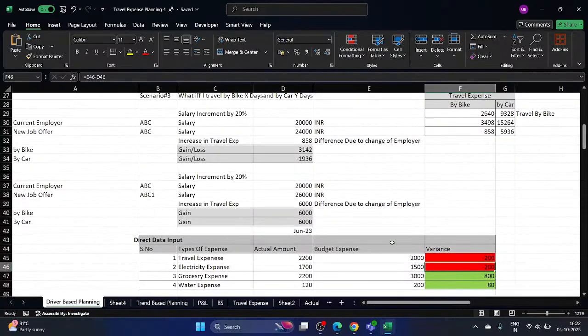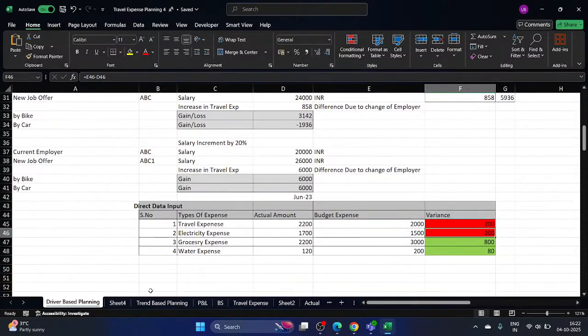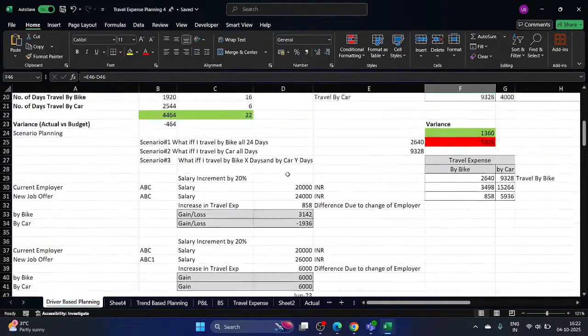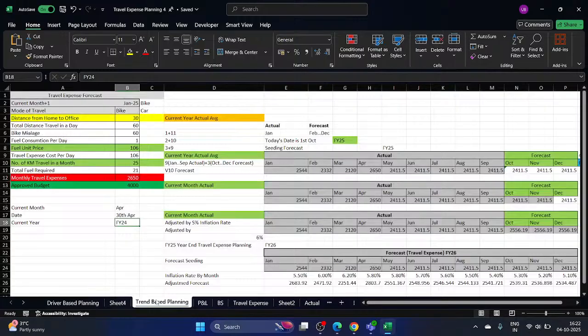When we subtract the budgeted data from actual, the variance would come. It could be positive or negative. So this is known as budgeted data.